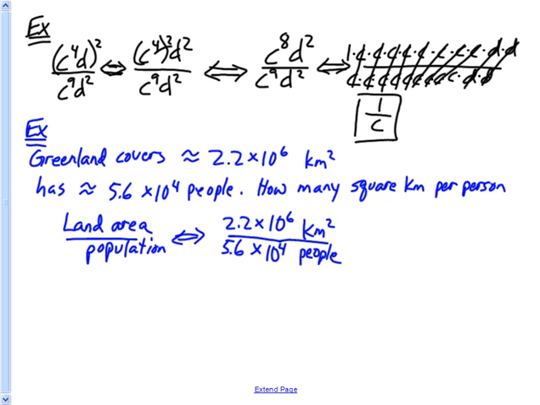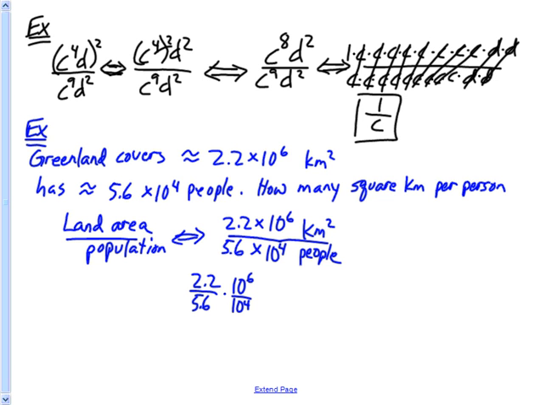Right? And now we can use our properties if we want to. So we can split this up and we're like, well, there's a multiplication here between that 2.2 and 10 to the 6. There's also multiplication on the bottom. So why don't we write this as 2.2 over 5.6, and then let's multiply that by 10 to the 6 over 10 to the fourth. You notice both of those have a base 10 there, don't they?